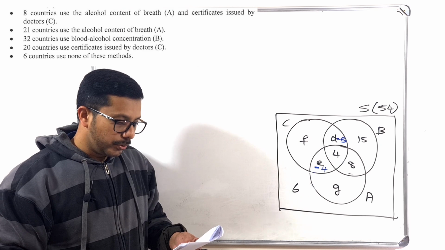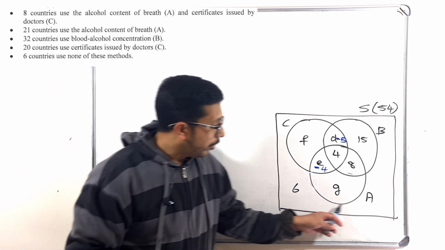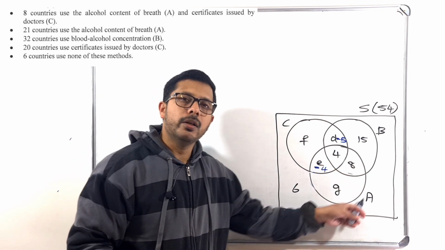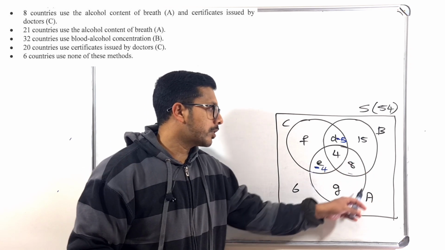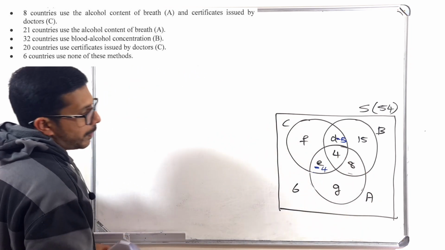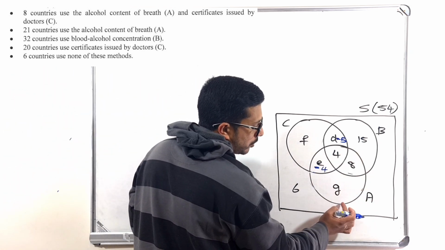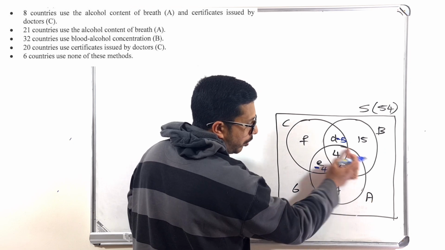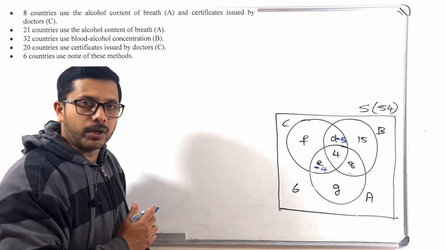21 countries use the alcohol content A. So overall in A, how many are there? 21. It is given that 21 countries use A method. So this is the circle A. Here 8 plus 4 plus 4 plus G. When you add all of this in this circle, you are supposed to get 21.